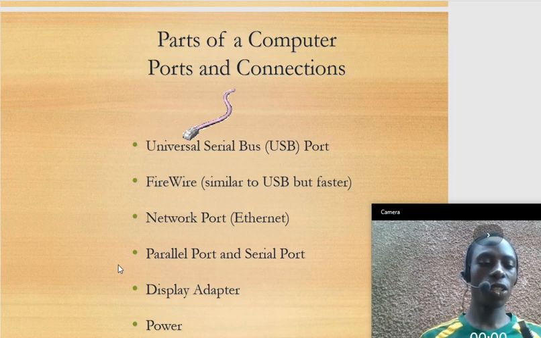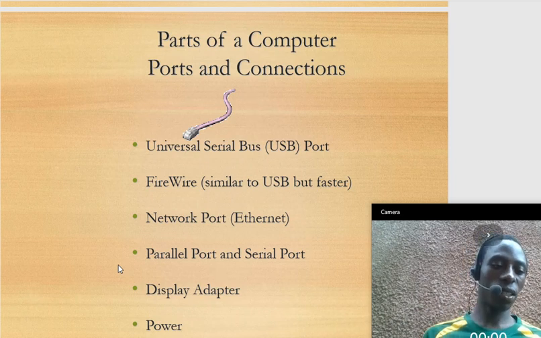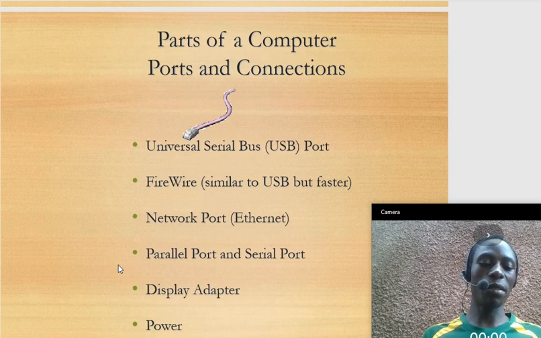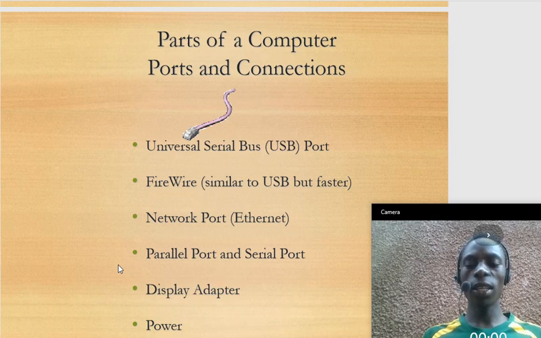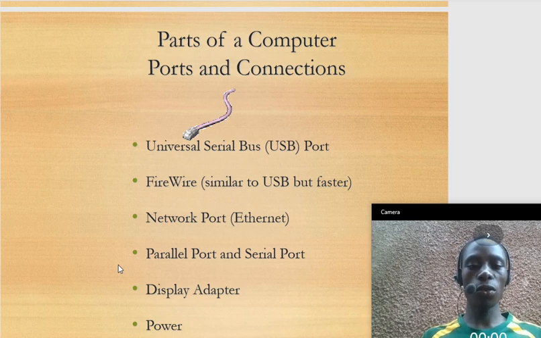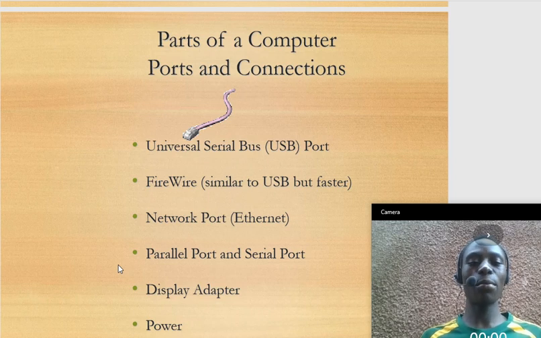So this USB cable goes onto the port that is called a USB port. In this case, every cable will be going to a given port. We also have what we call the FireWire. It is similar to the USB cable, but it is faster than the USB.